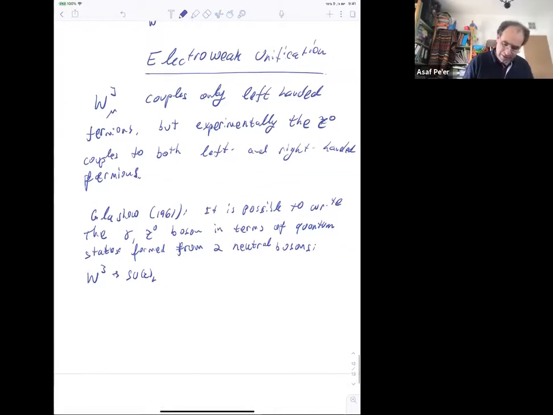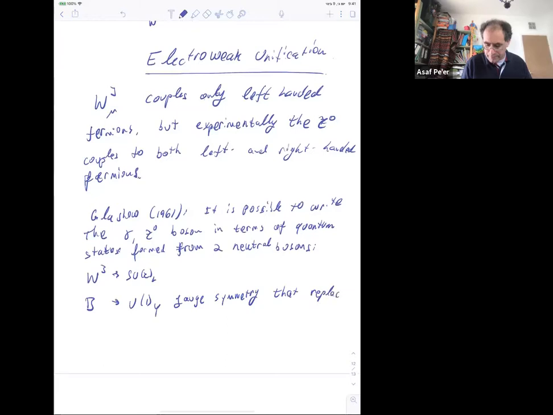That's going to give us another boson, which is called B, which is going to be associated with the U(1)Y gauge symmetry that replaces the electromagnetic U(1) gauge symmetry.